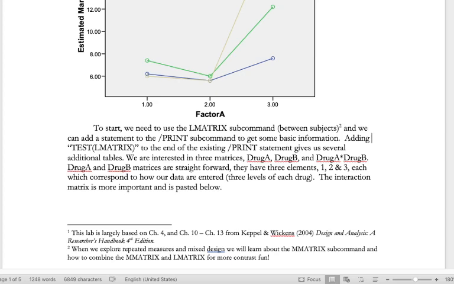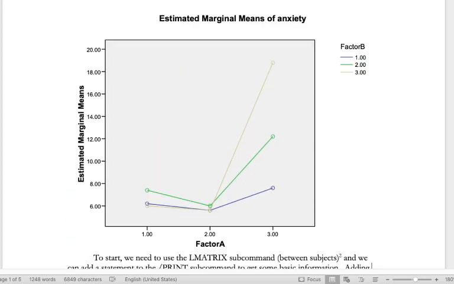So the first thing to know is that when we're looking at these contrasts, there are three different ways we can look at it. We can collapse all of the different factor B's and just look at factor A, so 1, 2, and 3.